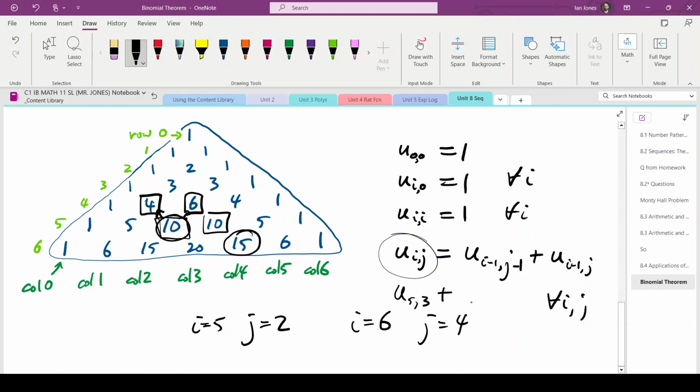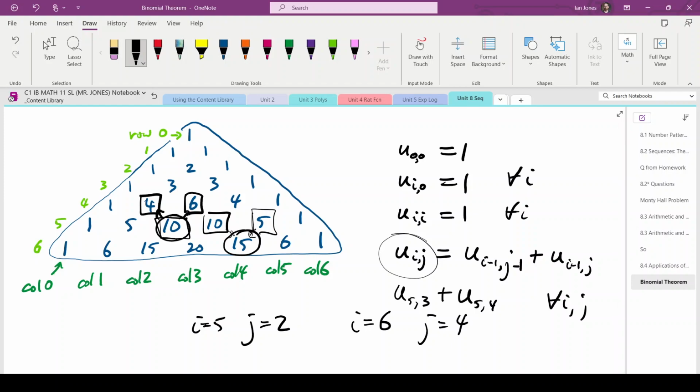Add that to i minus 1, so that would be 5, and j itself, keep the column. So up one row, but keep the column, that would be here. Add those together, and you get this term. Okay, so Pascal's triangle is, in fact, definable using recursion. It's a rather complex pattern.